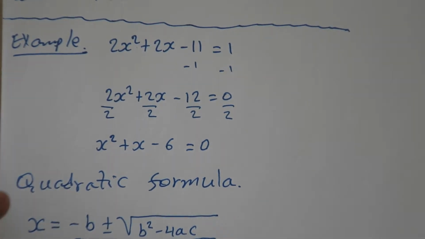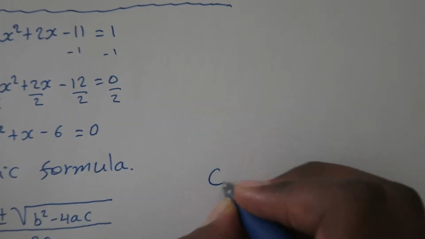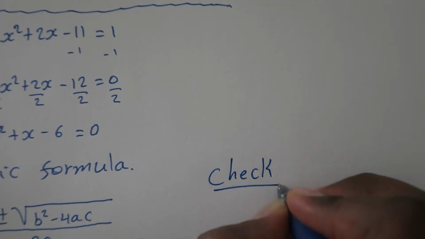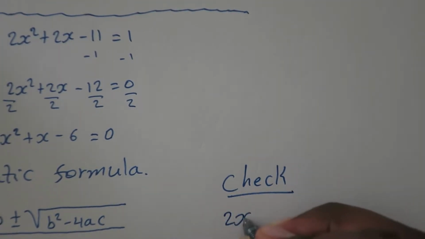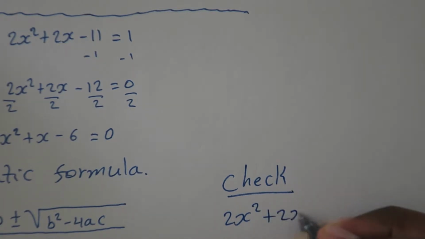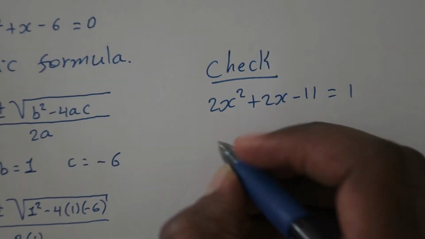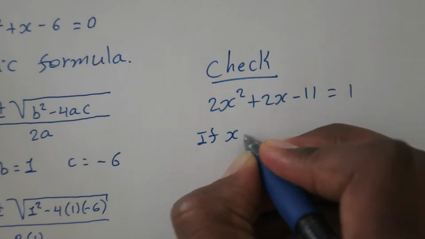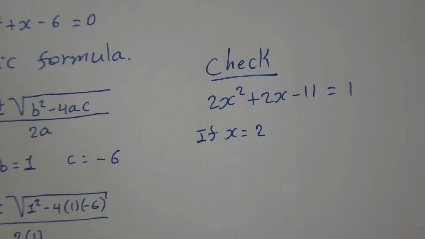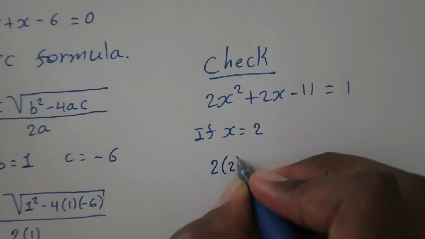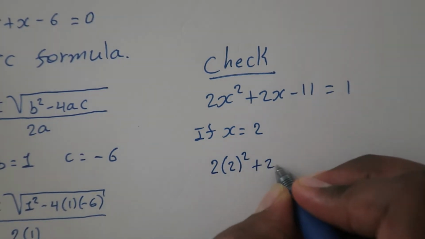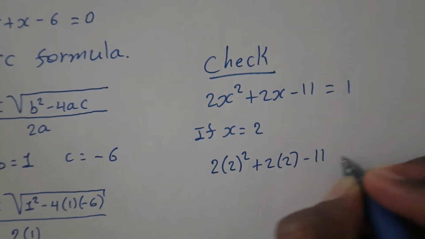And you can always check, plug it in. So let's check here. The original problem was 2x squared plus 2x minus 11 equals 1. If x equals positive 2, what do we get for the two sides? Well, replace x by 2, square it, times 2, plus 2 times your x value, minus 11.